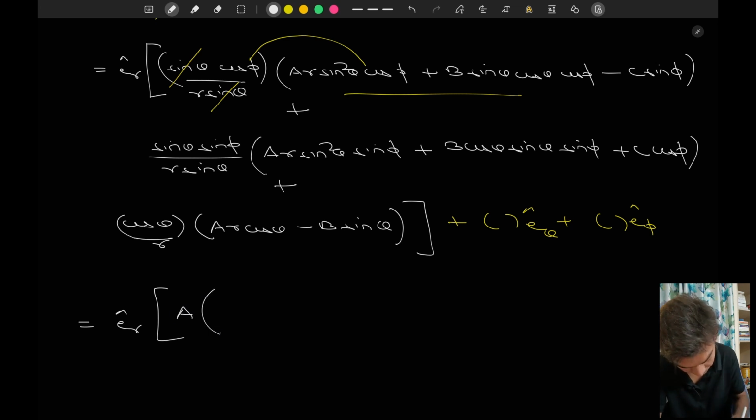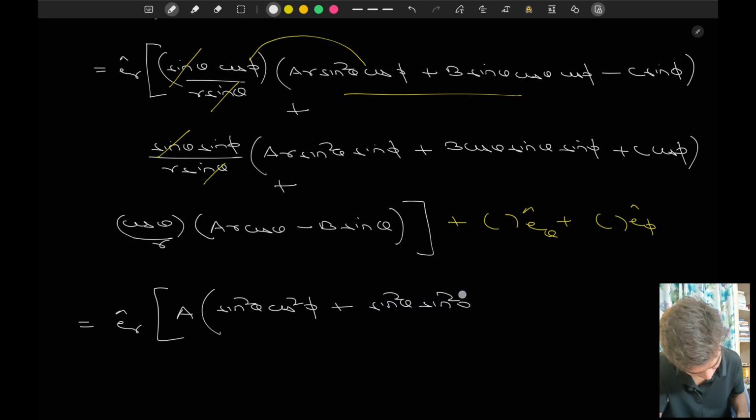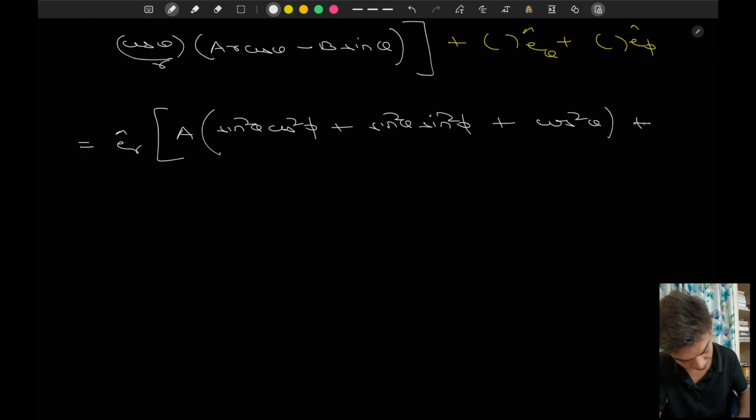So for the a term, this r cancels out. We have sin square theta cos square phi plus, and from here the r and this sin theta cancel out, and we have sin square theta sin square phi, and lastly from this term we have cos square theta, right?